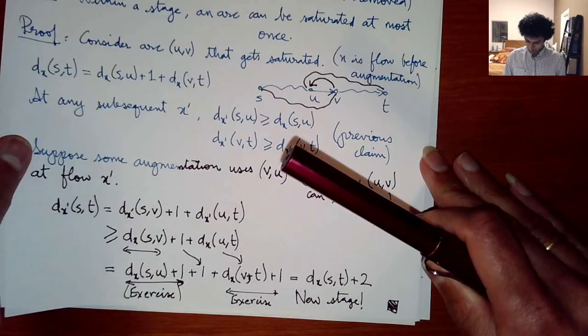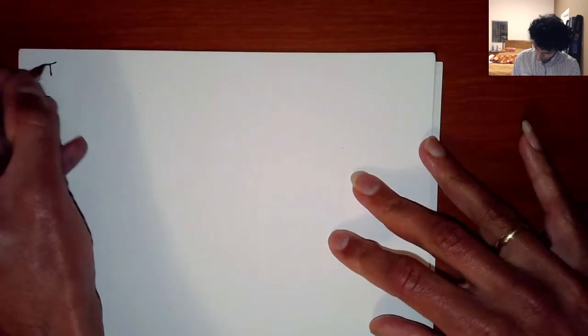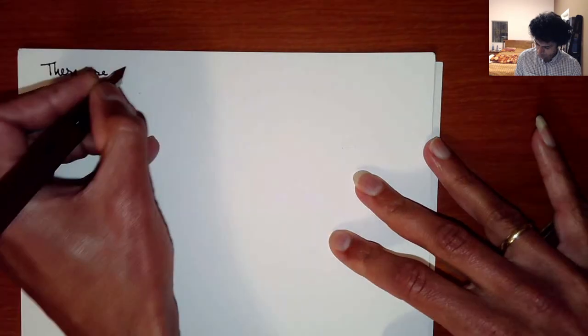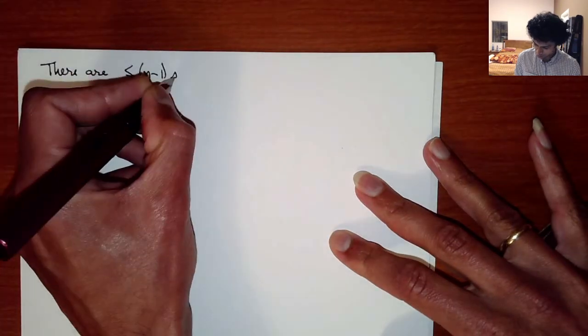And now this sort of completes the argument. There are at most n-1 stages.